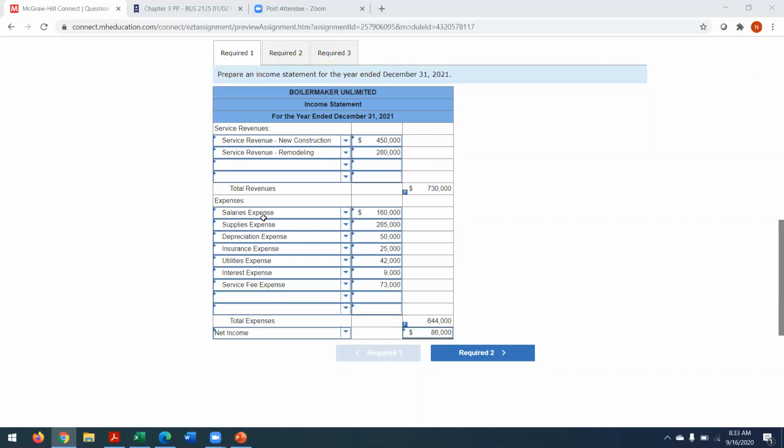We show our salaries expense, our supplies expense, our depreciation expense, insurance expense, utilities expense, interest expense, and service fee expense for total expenses of $644,000, with our net income being $86,000. So that's one place our net income shows.